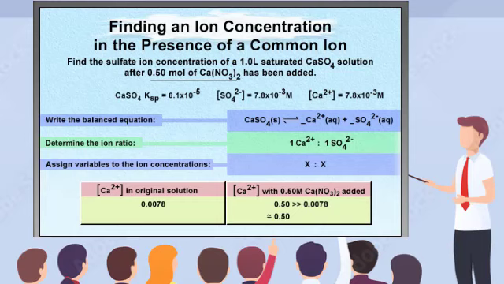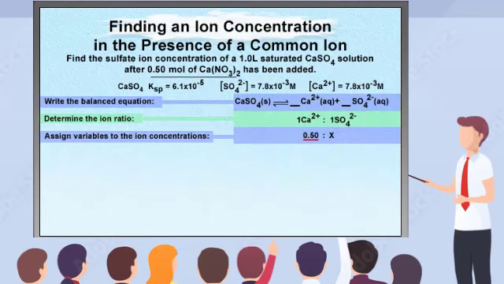Since the amount of ions initially present in the solution is small compared to 0.5 molar, the total concentration of calcium ions is approximated to be 0.5 molar. Therefore, you can use 0.5 molar as the concentration of calcium ions.